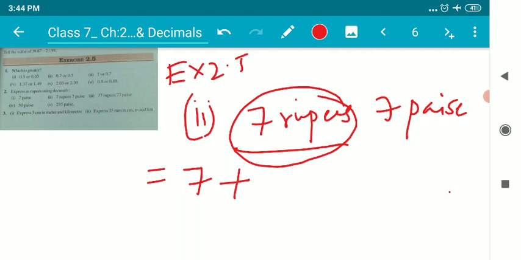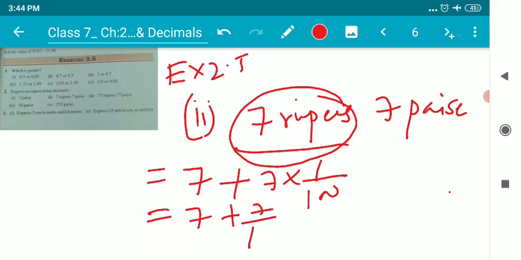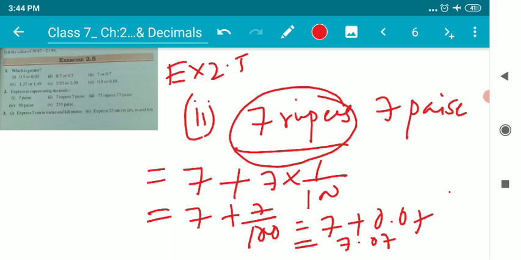Plus 7 paise means 7 into 1 by 100, because 7 paise to be converted to rupees, we just need to multiply with 1 by 100. So 7 plus 7 into 1 by 100 means 7 plus 7 by 100, which is 7 plus 0.07. My final answer is 7.07. Children, in a very simple process, we can do it.